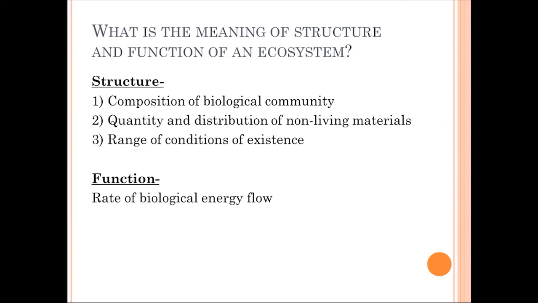So whenever we talk about structure of an ecosystem, these three components should be kept in mind. First, composition of biological community. Second, quantity and distribution of non-living materials. And third, range of conditions of existence.